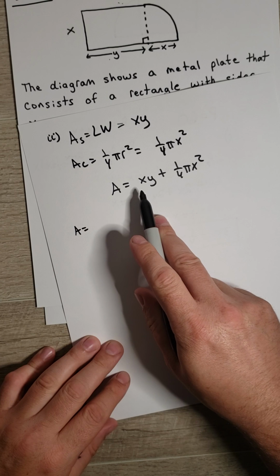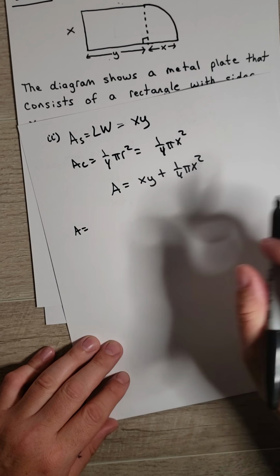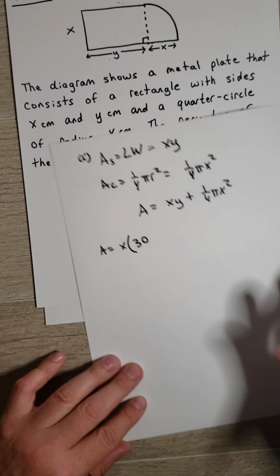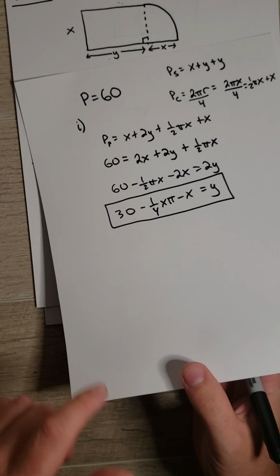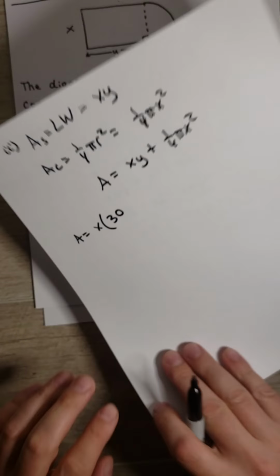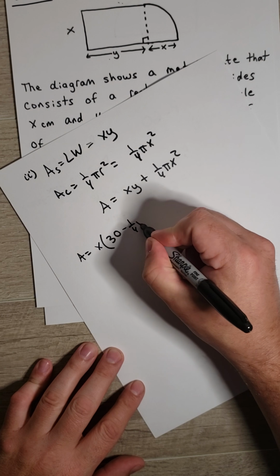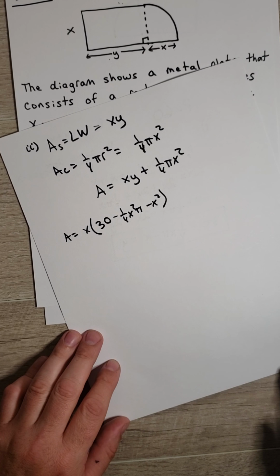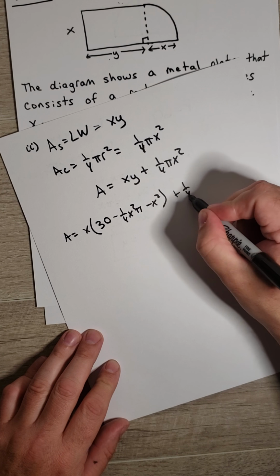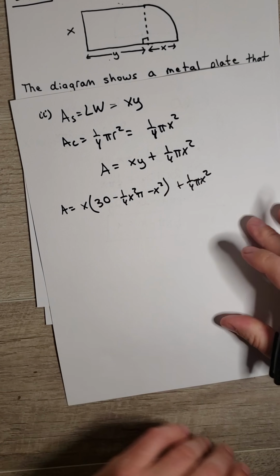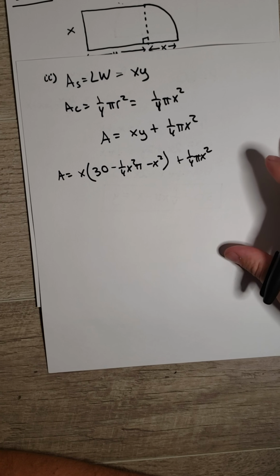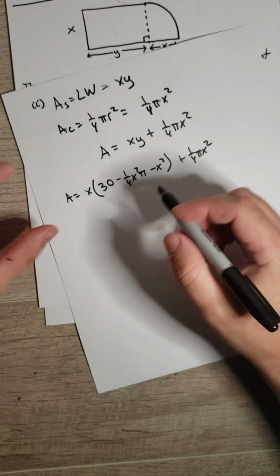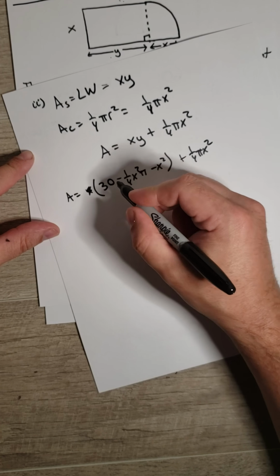So basically I'm just taking all of those 3 terms and distributing an x to those. So I got 30. So we get an x squared here minus an x squared. And then plus the 1/4 pi x squared. Oops, sorry, made a mistake there.